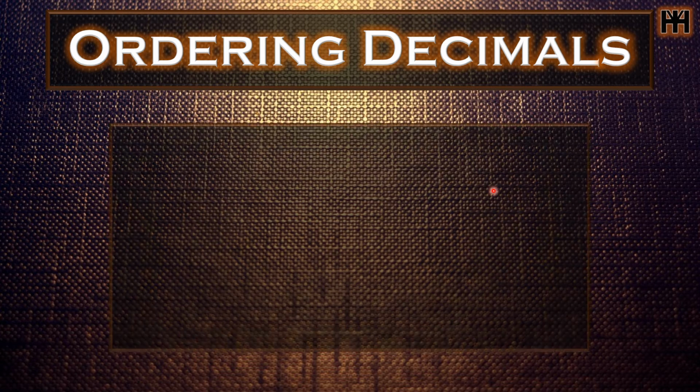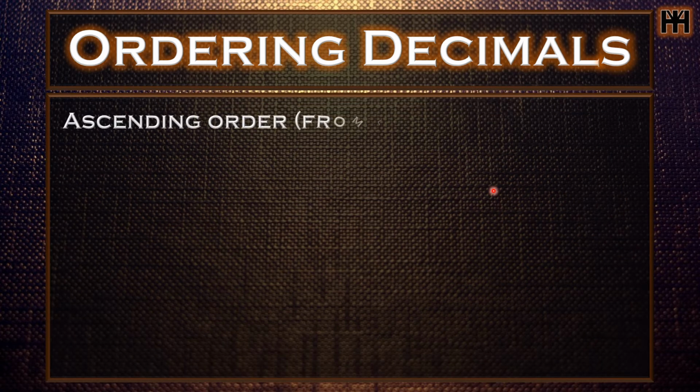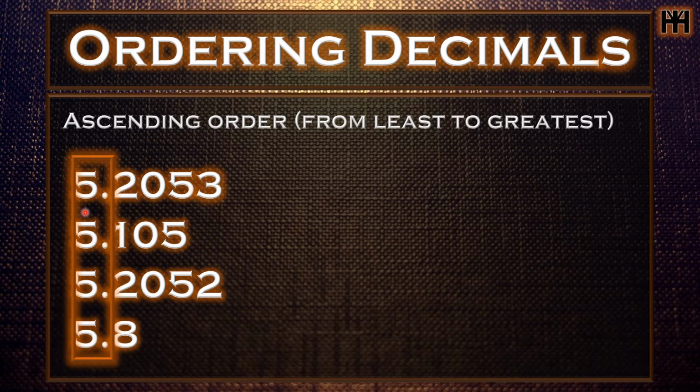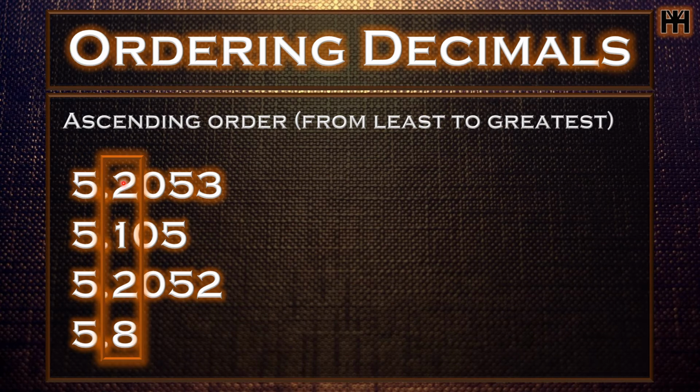Ordering decimals. Ascending order, or from least to greatest. First, we will put the numbers above each other like that and align them together. Then we will start comparing the first digit, then the second digit. Here, we know that this decimal is the lowest between all of them, and this one is the highest between all of them. So this is the greatest decimal, so it will be at the end because it says from least to greatest.